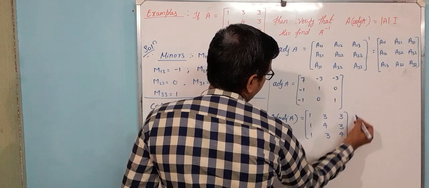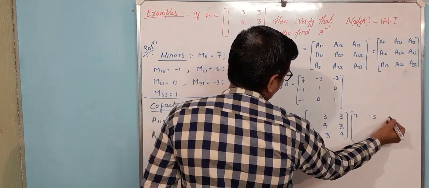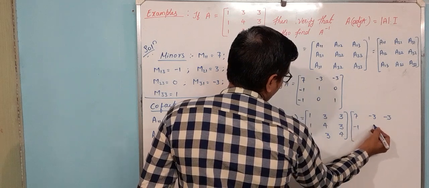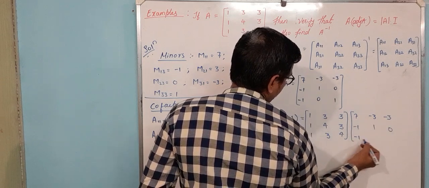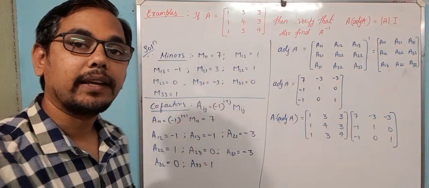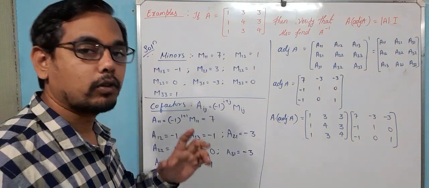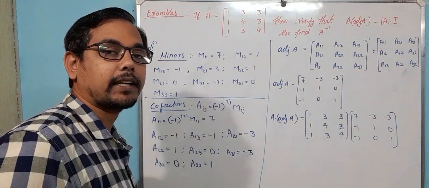And adjoint A is 7, minus 3, minus 3, minus 1, 1, 0, minus 1, 0, 1. This is my A into adjoint A. We still need to simplify that one. So now we make a note of this, and then we can continue with the same problem.